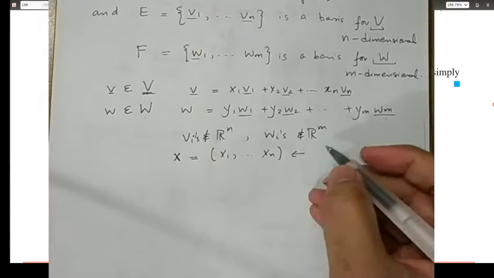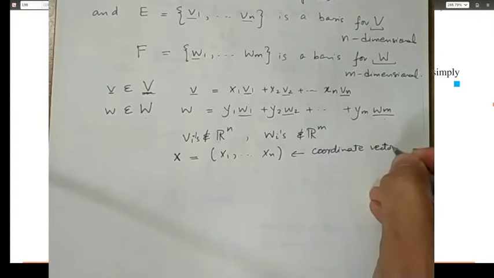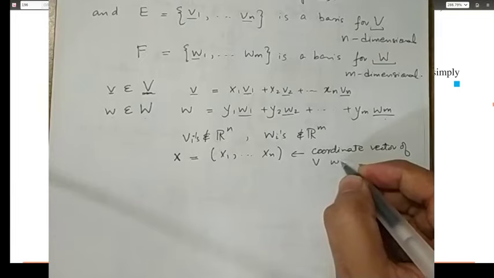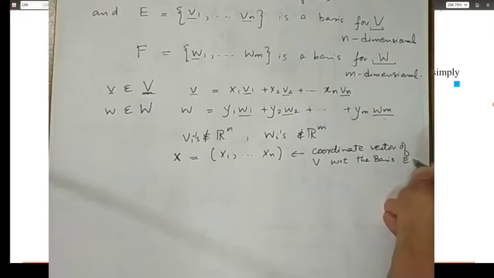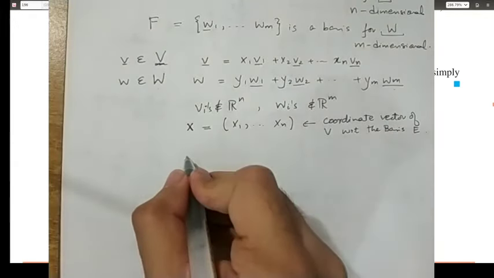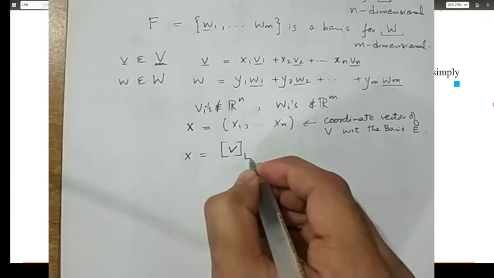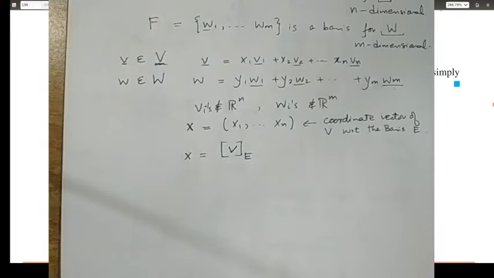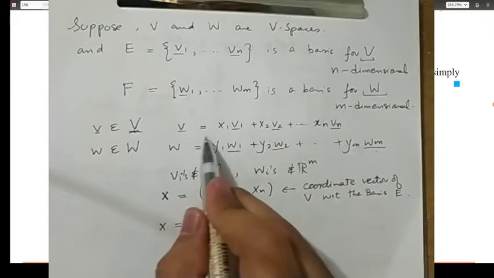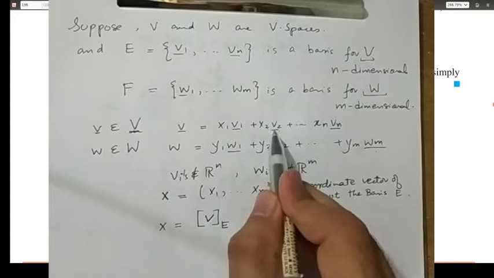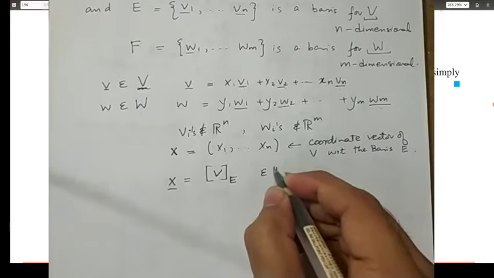I've made this vector in previous classes as well, and I've called it the coordinate vector of v with respect to the basis E. So essentially x is the representation of v in terms of the basis vectors E. If you have these scalars, you know what v is, because v is simply the first scalar times v1, the second scalar times v2, up until xn vn. And this vector that we've just made is a member of Rn.